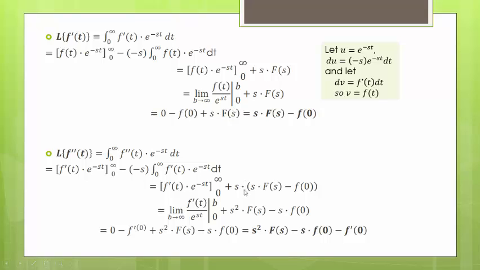This s times what I had above, so I've substituted that in, and then when I distribute s, I'll have s squared times the Laplace transform of our first function, so F of s represents the Laplace transform of f of t, and then minus, I'll have an s times f of 0. f of 0 would be an initial value that we would have.